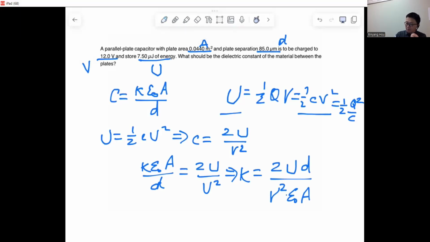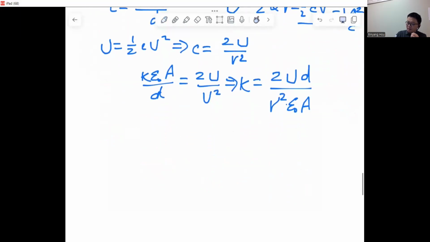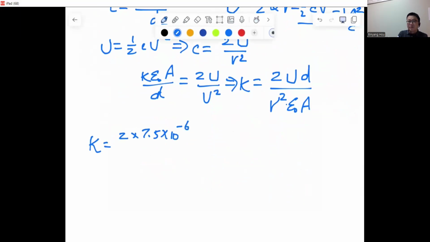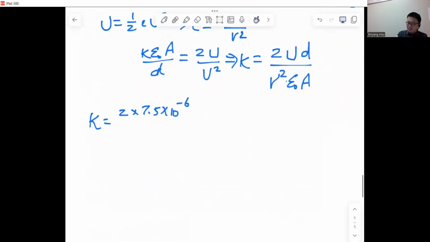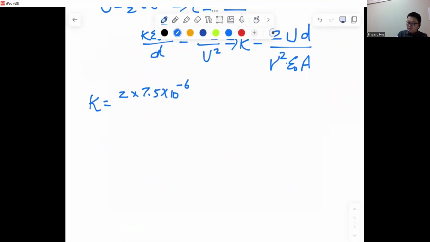So kappa equals 2 times U, given as 7.5 times 10 to the minus 6 joules because it says micro joule, if I remember that correctly. Let's take a look. Yes. And D is given as 85 micro, so 85 times 10 to the minus 6 meters.